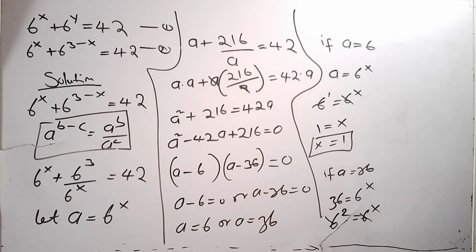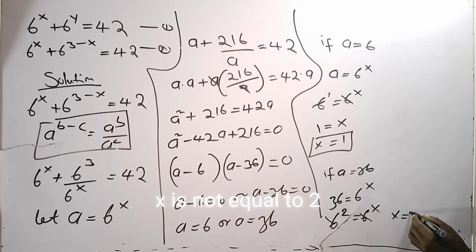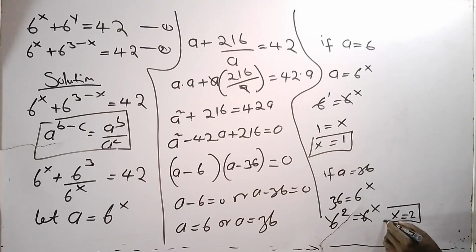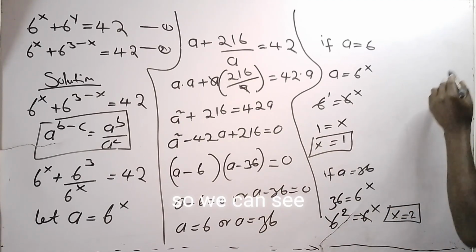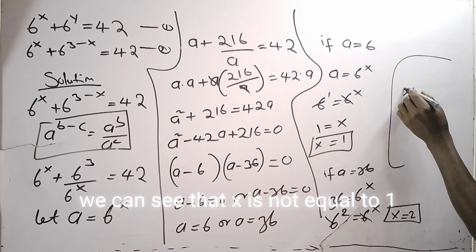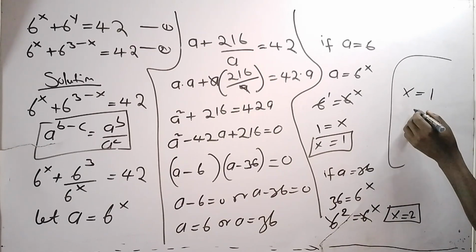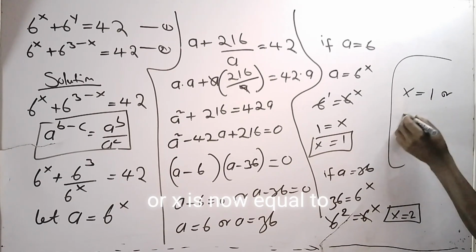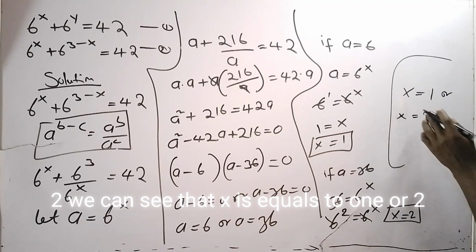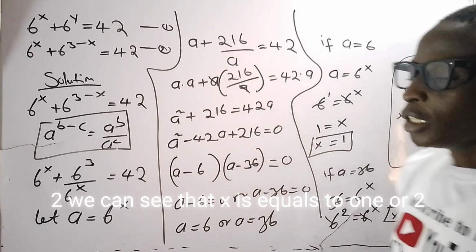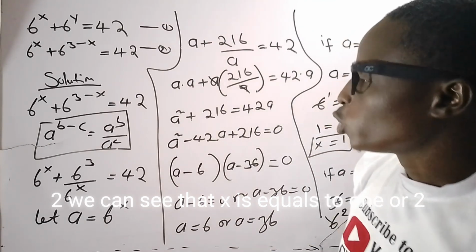I have the same bases, so x is now equal to 2. So we can see that x is now equal to 1 or x is now equal to 2. We can see that x is equal to 1 or 2.